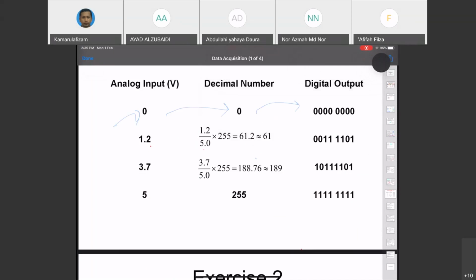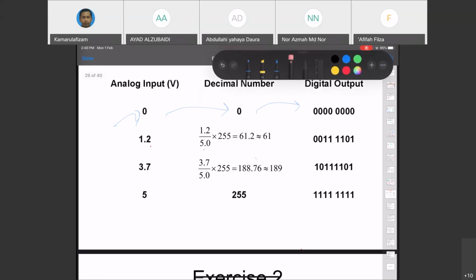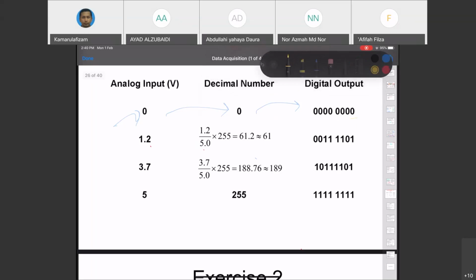In this case, we are working with 8 bits. From here we can know this is an 8-bit system. This 8-bit represents our ADC resolution, as you may have seen previously.